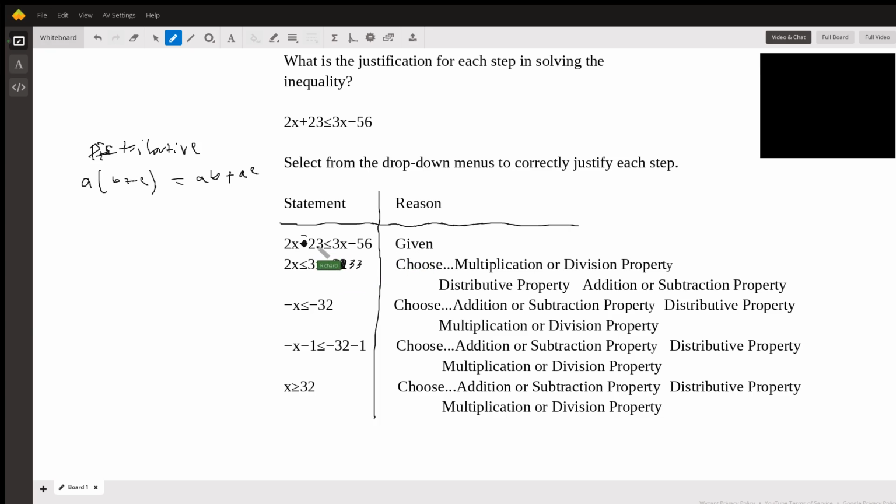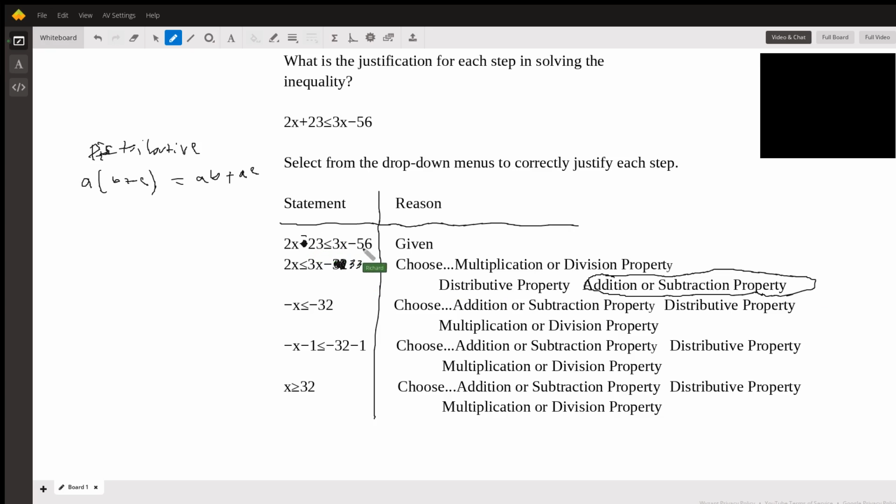So you add 23 to both sides. So obviously we're adding or subtracting. We're actually adding here. And so this is our reason for the step, is the addition property. I can certainly see why the student got confused by all this nonsense.